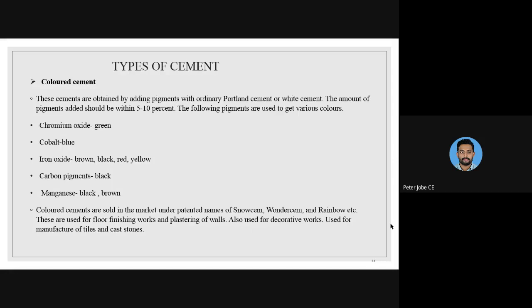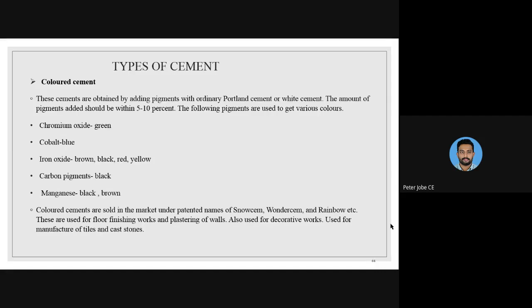Since the labor charges have increased, we want to finish the works as soon as possible because we can't give workers a lot of money as the number of days progresses. So these iron oxide, red oxide finishes are no more constructed in most cases.